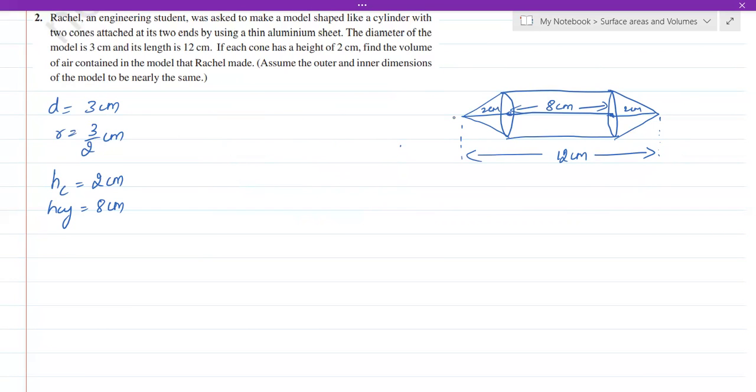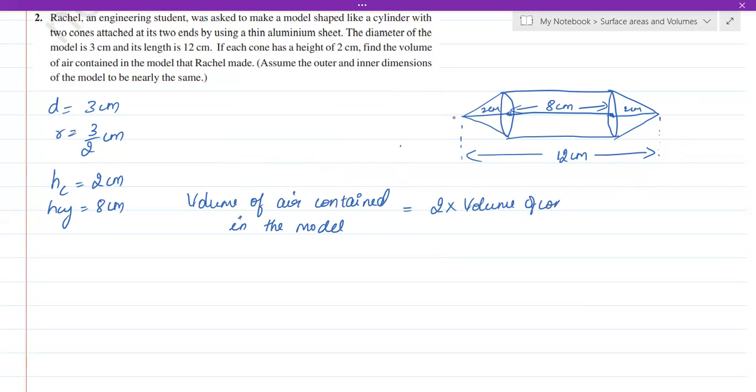Okay, so let me write it here. Volume of air contained in the model will be equal to, there are two cones, so 2 times volume of cone plus volume of cylinder.